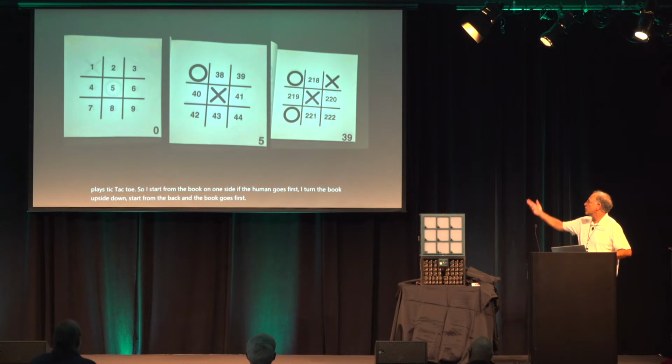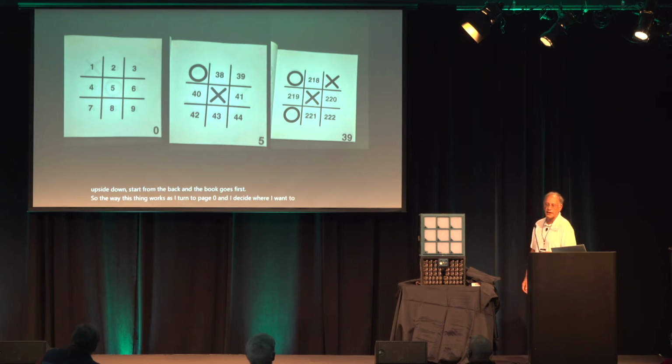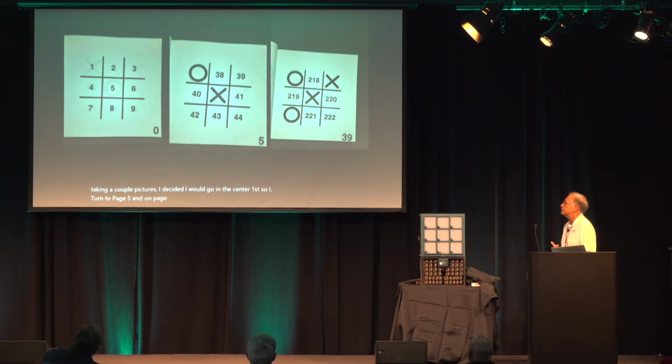So the way this thing works is I turn to page 0, and I decide where I want to go. And just for taking a couple pictures, I decided I would go in the center first. So I turn to page 5, and on page 5, I see that the book went in the upper left-hand corner.